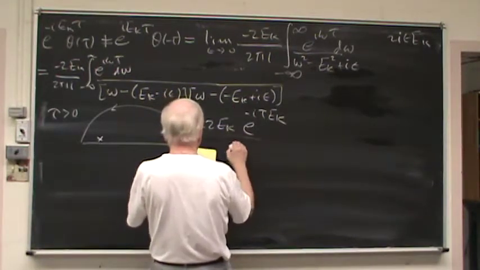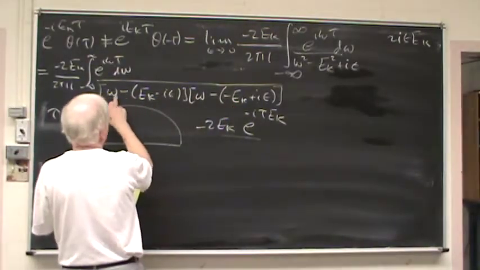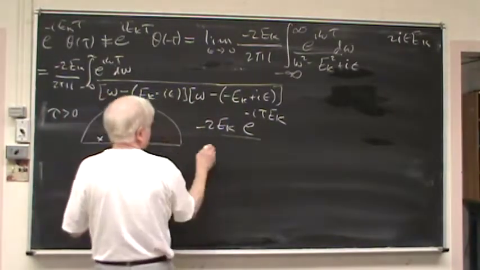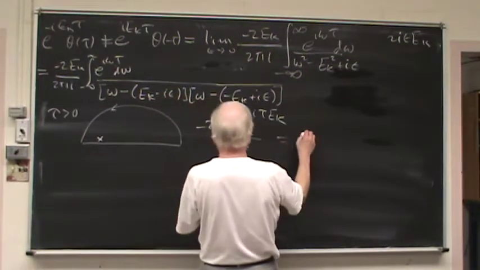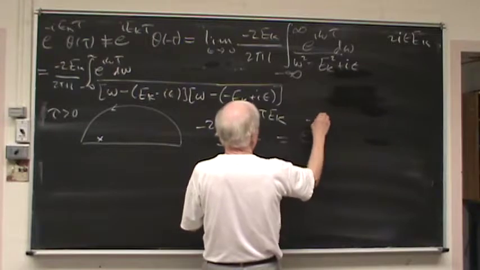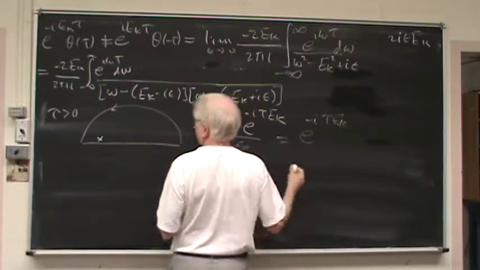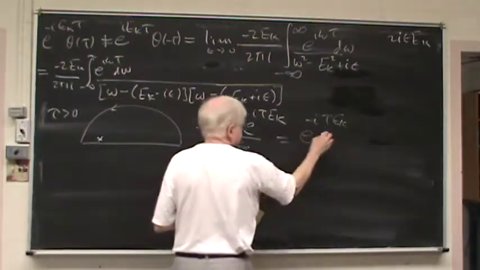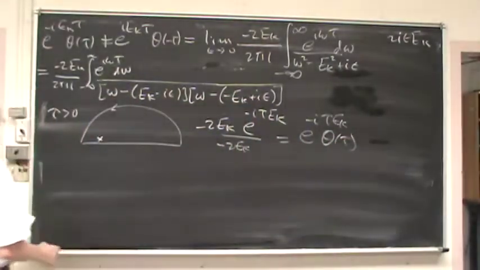And then we divide by this thing evaluated at omega equal to minus ek, and that's just minus 2ek. So this thing is simply e to the minus i tau ek for tau positive. So this gives us effectively theta of tau.